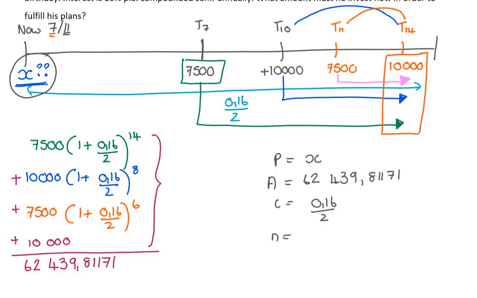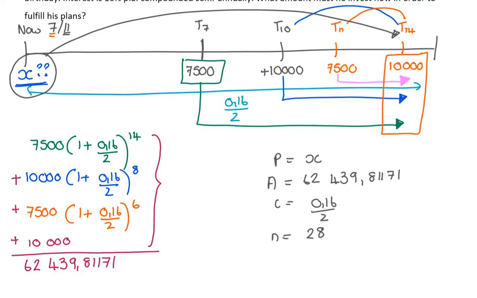Well, we're pretending that he invested this money the entire time, so that's 14 years, so that's 28 semi-annual interest time periods. Now, this isn't actually what's happened in reality, because he pays the 7,500 and the 10,000 during this time. But mathematically, this is going to work, because I have found out what all of this money that he wants to save toward is worth at the end of 14 years.